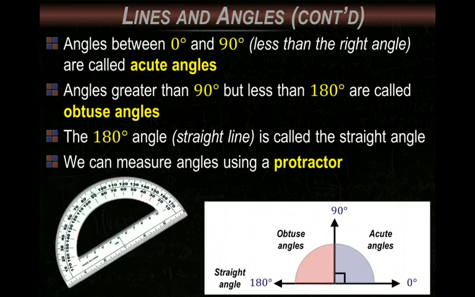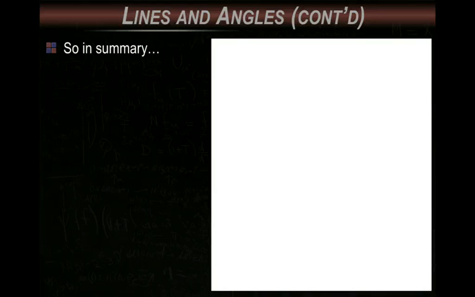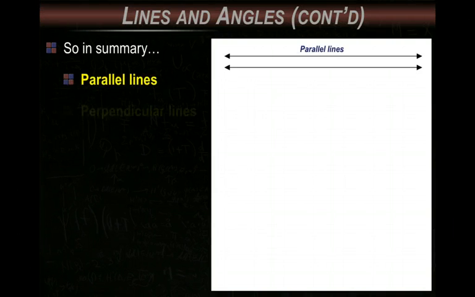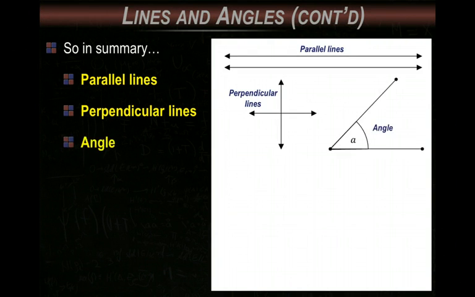For some of you, I know you're a little bored because this is something you've seen before, but according to your diagnostic test, you guys didn't know this stuff that well. So here's the summary. In summary of lines and angles, we have parallel lines, we have perpendicular lines, we have an angle measured with a protractor, indicated with a letter.